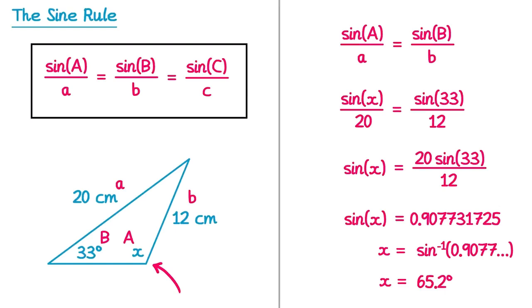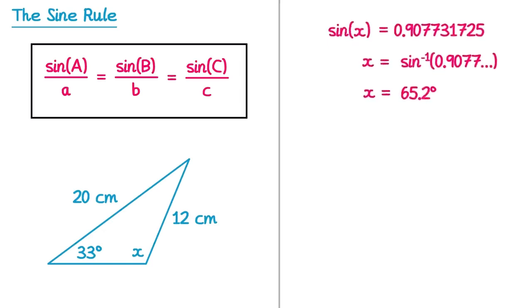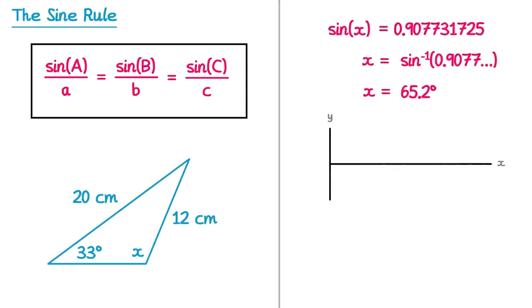So what's happened here? Well, if we have a look at the graph of sine of x, let's draw some axes, and we know the graph of sine of x goes between 1 and -1, and let's mark on the key points 180 and 360, and the graph of y equals sine of x would look something like this.